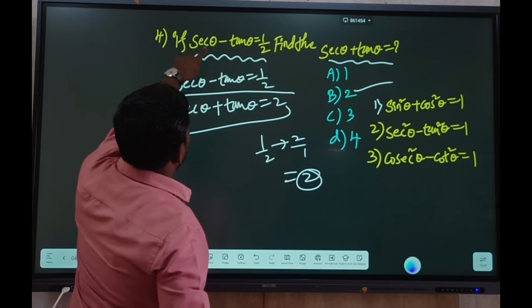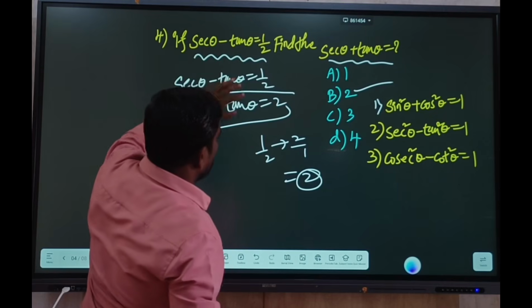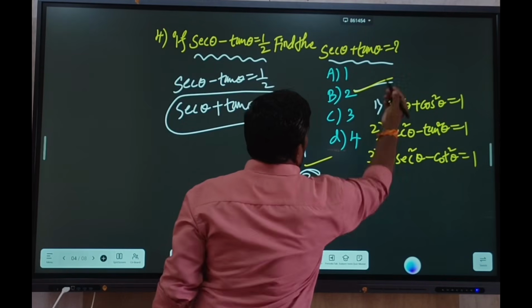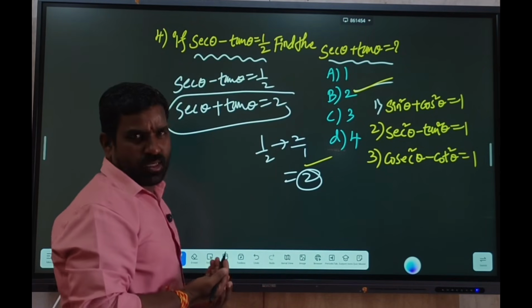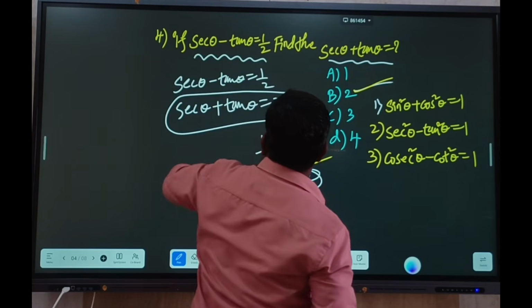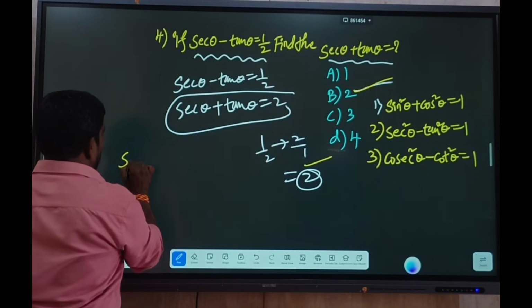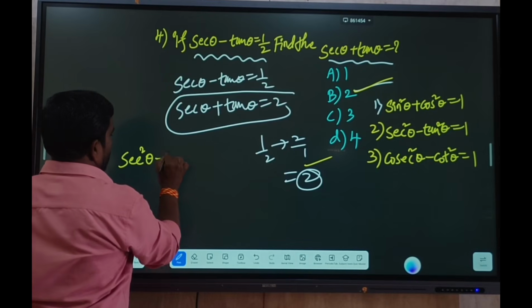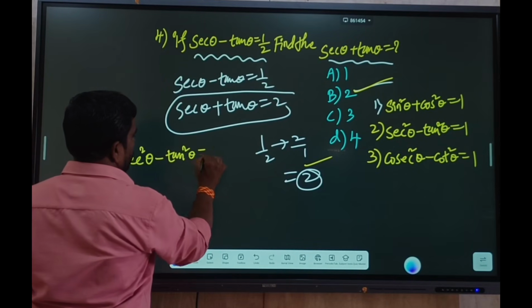So look here, sec and tan relation is given. So the answer is 2. This is a short method, but how? Let me prove that here. Sec and tan is given. Secant square theta minus tan square theta is equal to how much? 1.